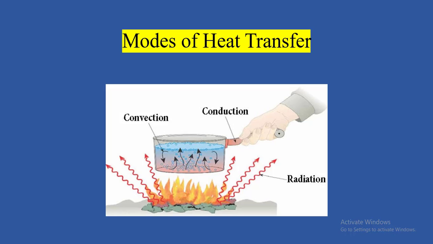For example, in conduction, you need a solid medium where the molecules vibrate and transfer their energy in the form of heat. In convection, the fluid is air, which is continuously shearing. And the last one is radiation, which does not require a medium for its propagation.